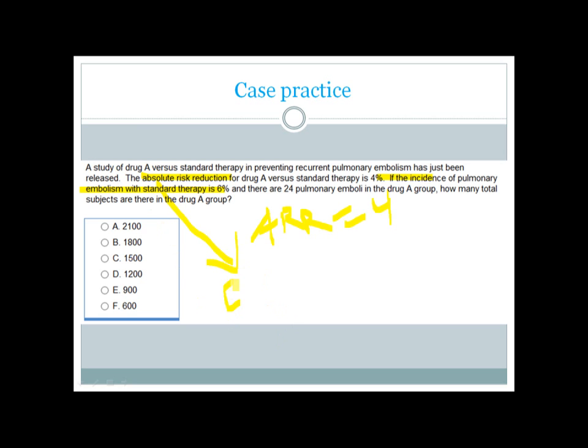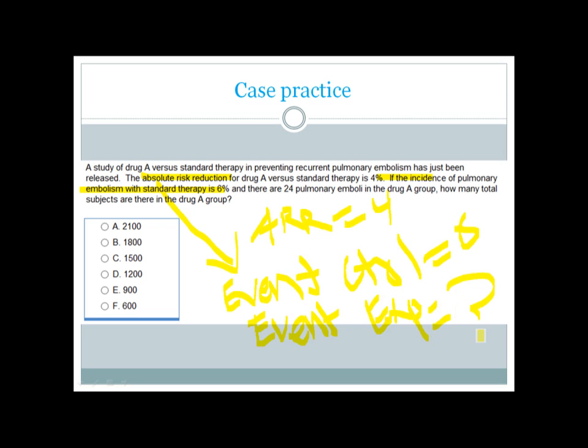So the event rate in the control group is 6%. And what we don't know is the event rate in the exposure group, or the treatment group, or drug A group. So we have to find that value first, and we don't know it yet.